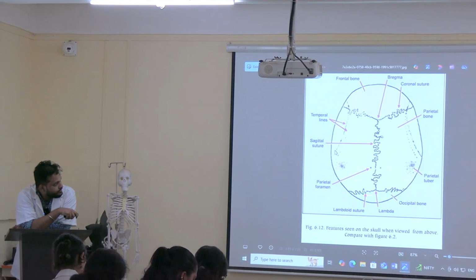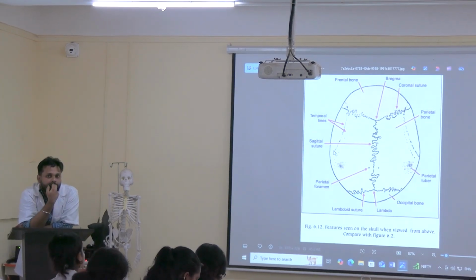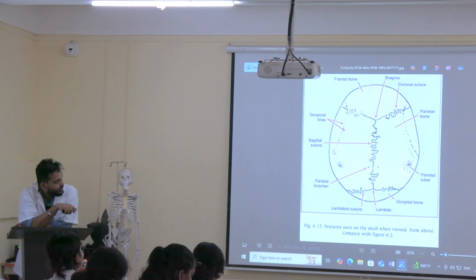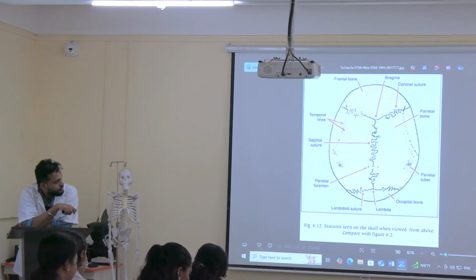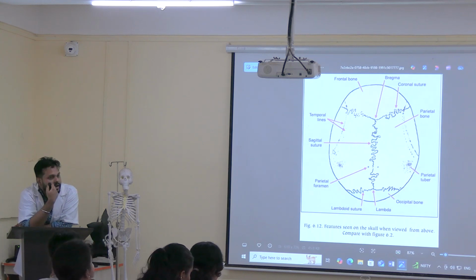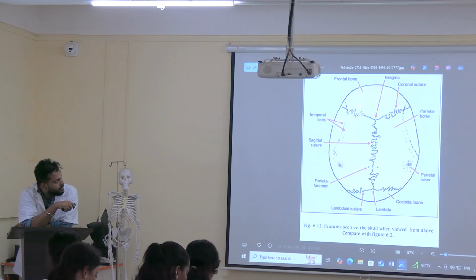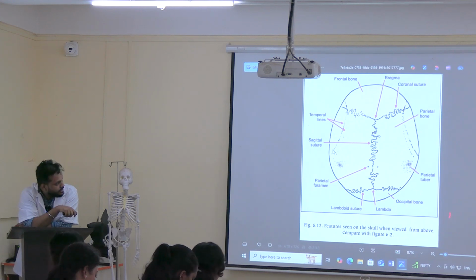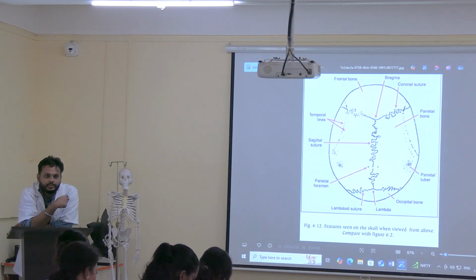This is your lambdoid suture. This separates which bone? Occipital और सामने parietal bone. सामने है कौन सा वाला bone? Coronal. Sorry, which suture? This is your coronal suture और पीछे है lambdoid suture.